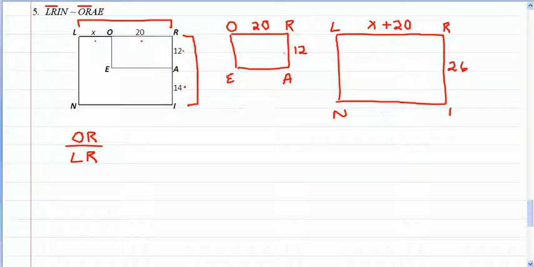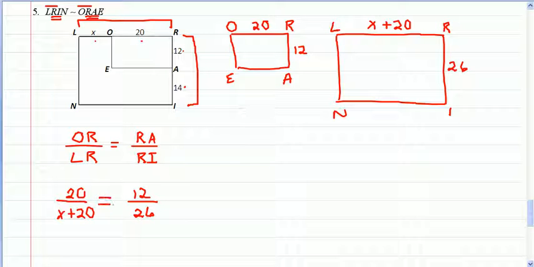Then I have side RA, and RA, RI are the middle two letters, so I want to take RA over RI. And now I just plug in the numbers. OR is 20, LR is x plus 20, RA is 12, and RI is 26.